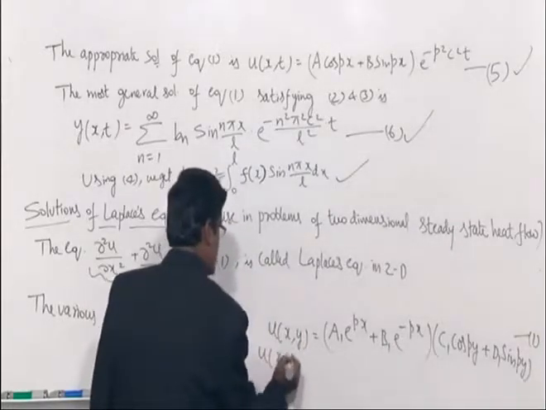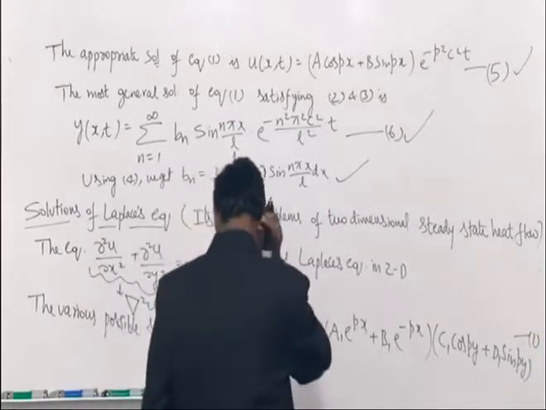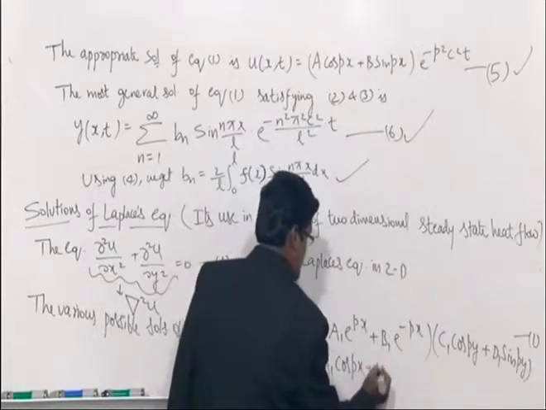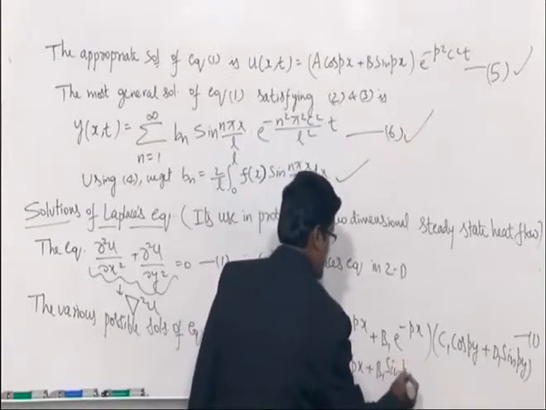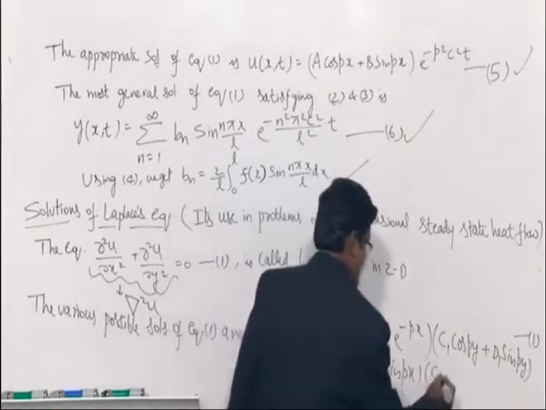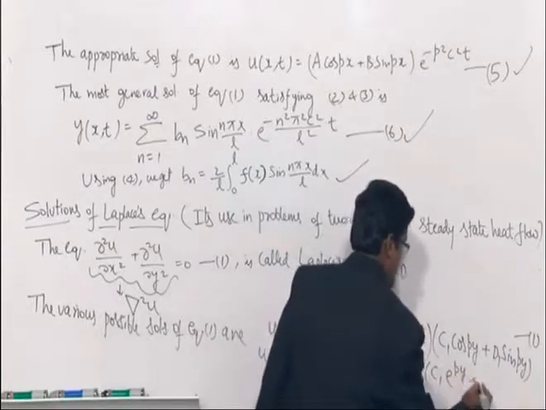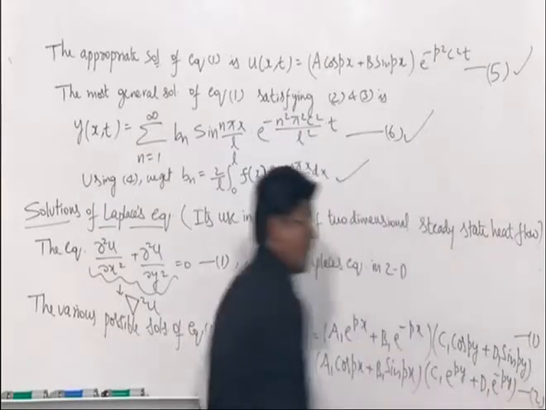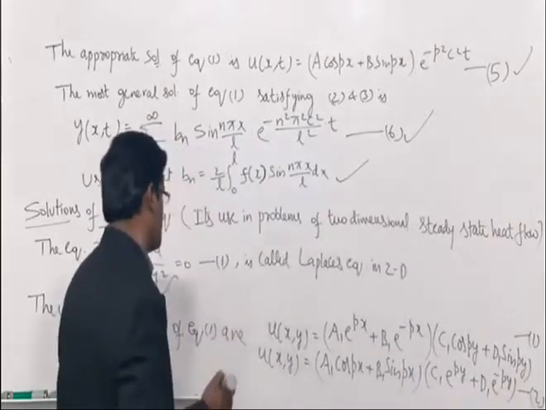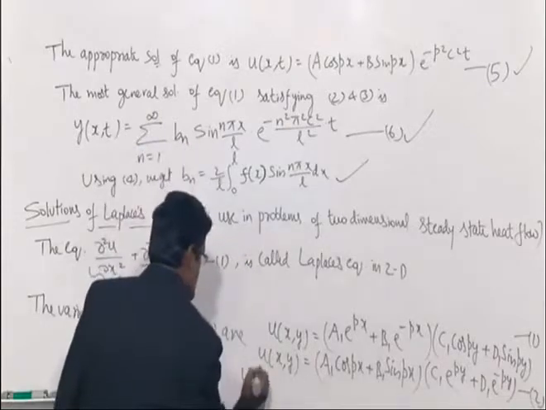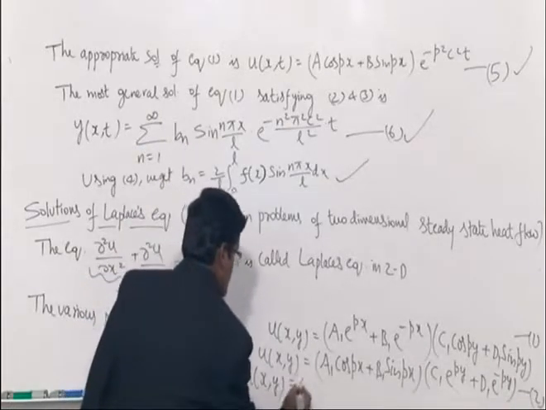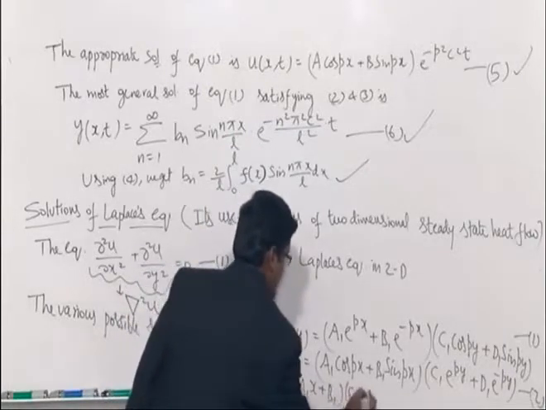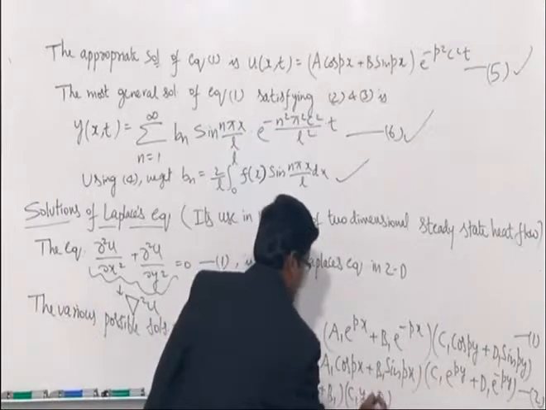And u of x y is equal to a1 cos px plus b1 sin px multiplied by c1 e power py plus d1 e power minus py. Say solution 2. Depending on the nature, we have to take the appropriate solution. The third one is u of x y is equal to a1 x plus b1 times c1 y plus d1.